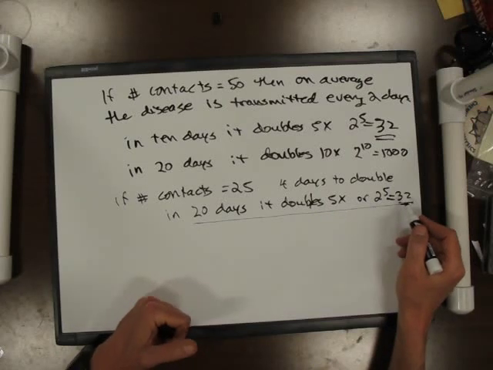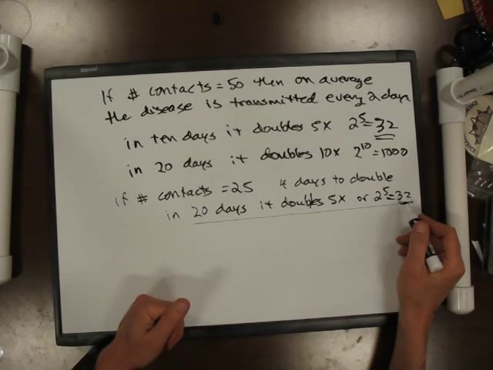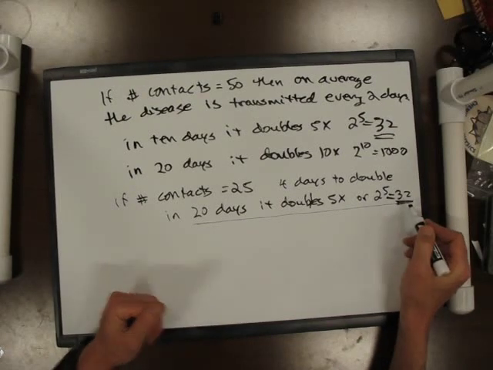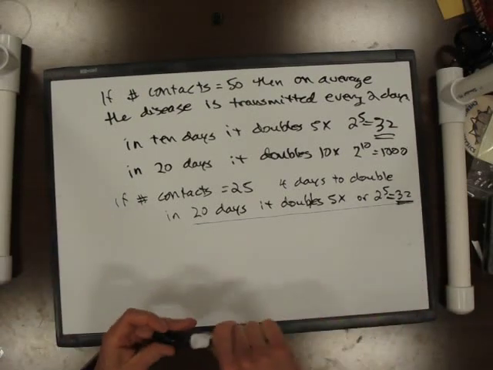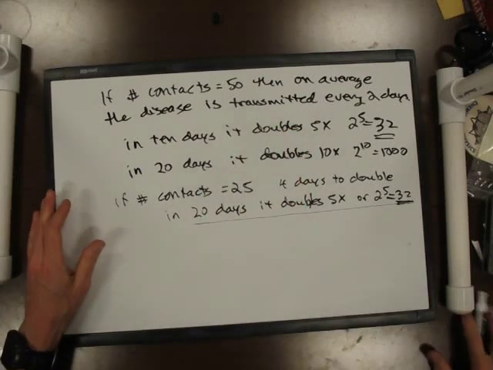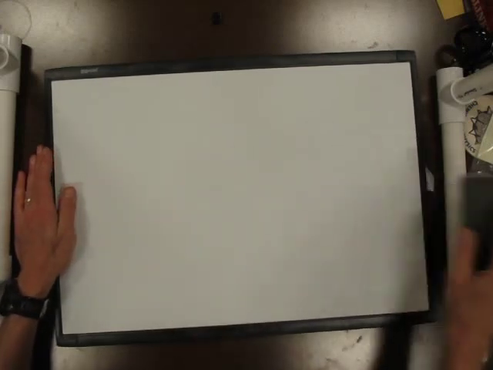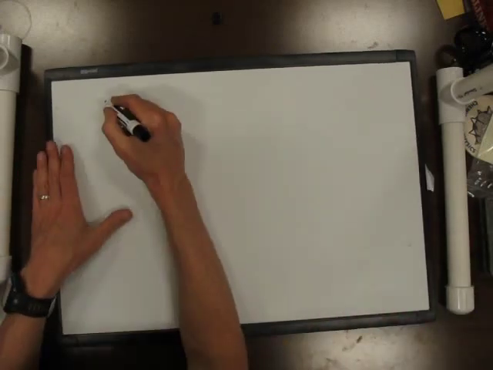And that's why states and municipalities are trying to get people to self-quarantine, because it has a dramatic effect on the rate of spread of the disease. So the other number, we've talked about the number of contacts, right? Let's talk about the rate of infection.